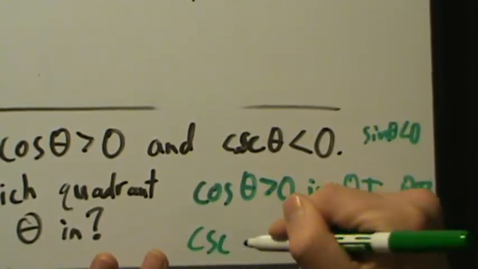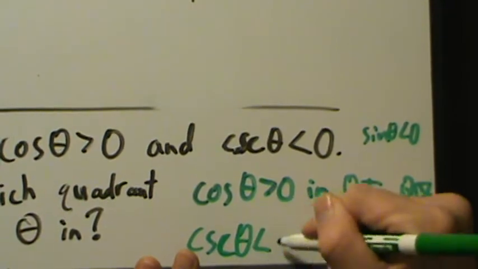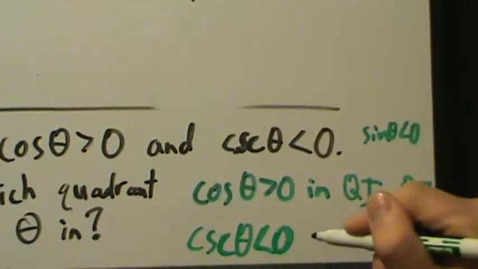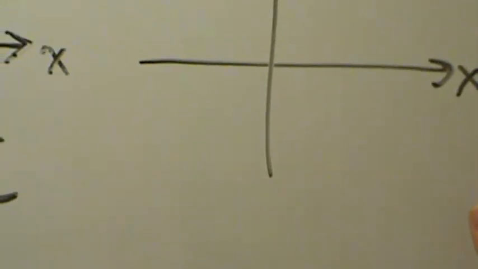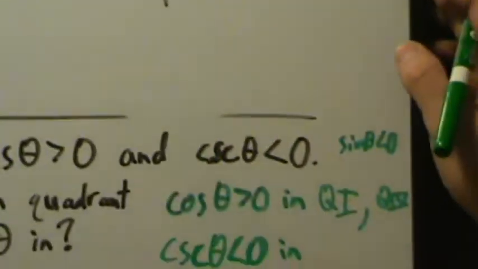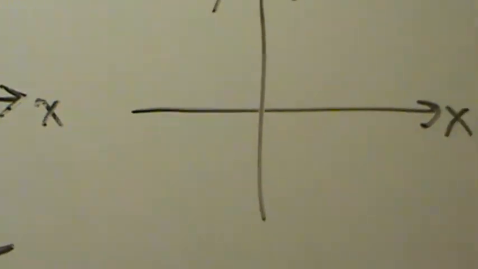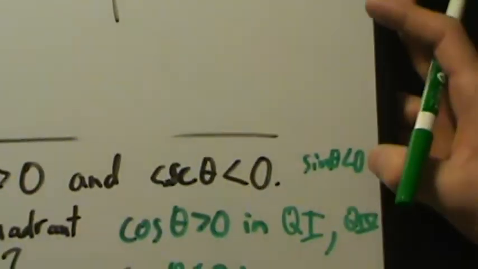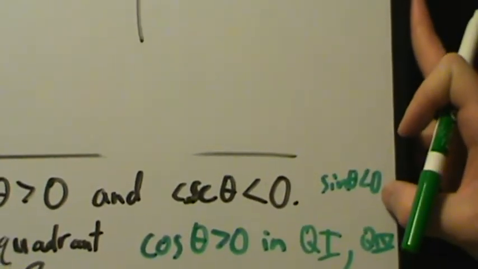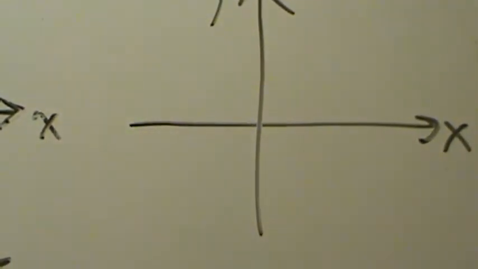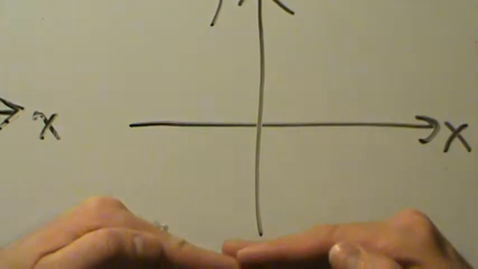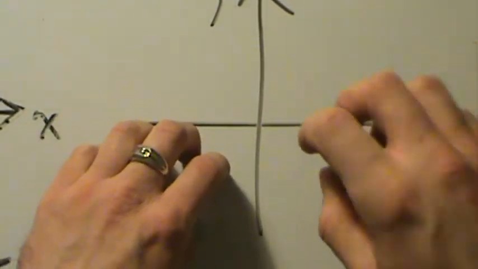Well, so since we were asked in terms of cosecant, let's answer in terms of cosecant. So cosecant of theta is less than 0 in which two quadrants? Well, remember cosecant is negative when the sine of theta is negative, and since the sine of theta corresponds to the y-coordinate, the sine of theta is going to be negative if the y-coordinate is negative. Where is the y-coordinate negative? If we're below the x-axis. So in quadrant 3 and quadrant 4.